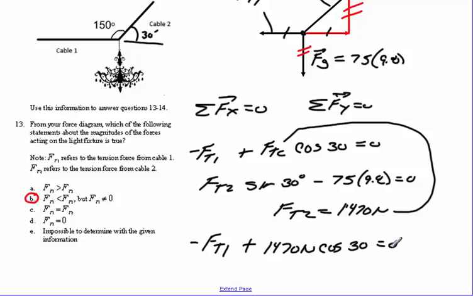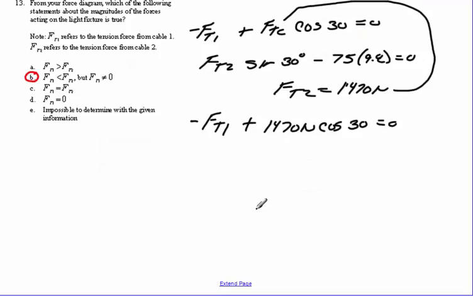So if I take that times the cosine of 30, I will get the magnitude of tension 1 equal to 1273 newtons. Let's go over to our picture, and number 14 has got to be C, which matches what I just calculated.